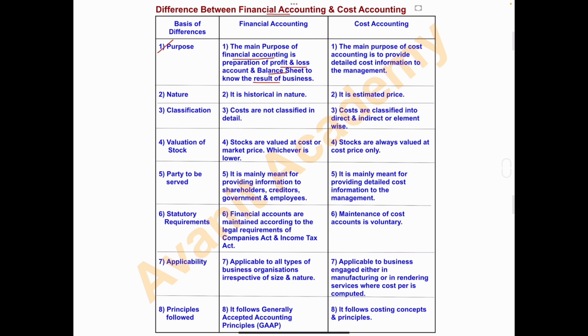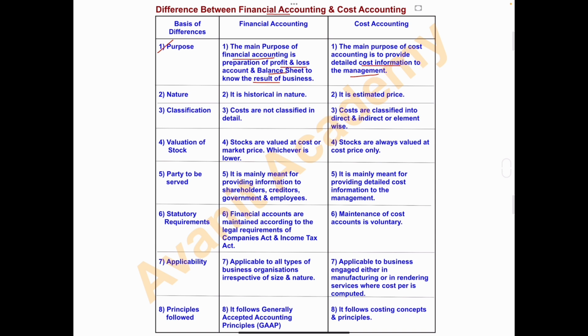In cost accounting, the main purpose is to provide detailed cost information to the management.